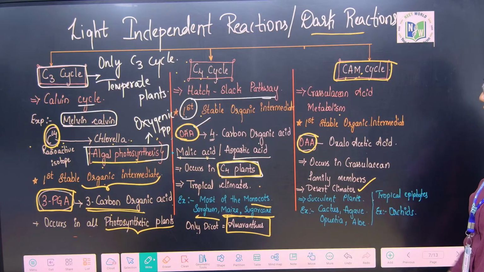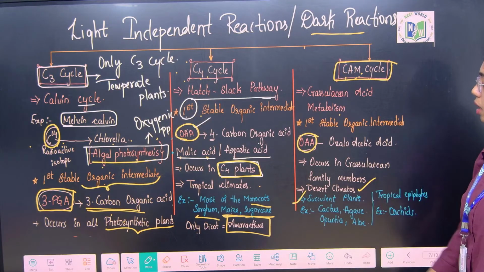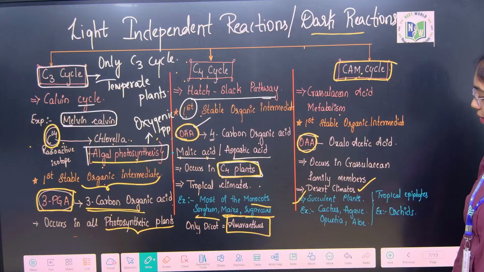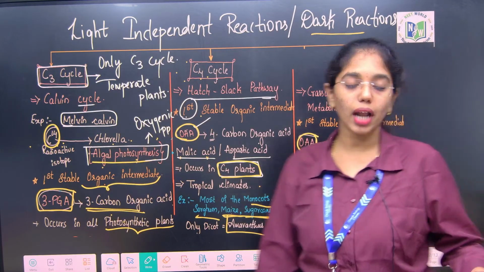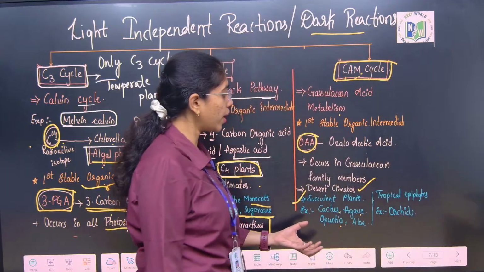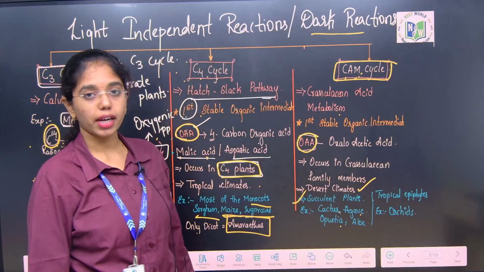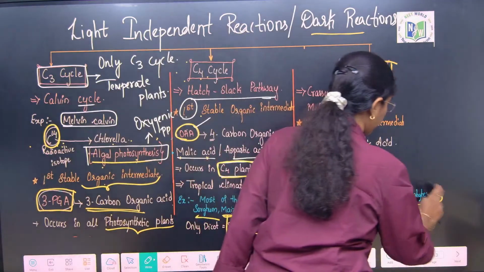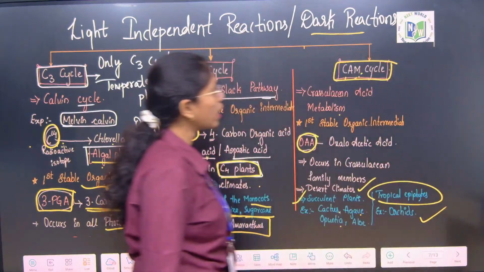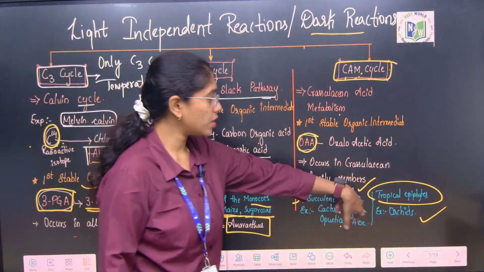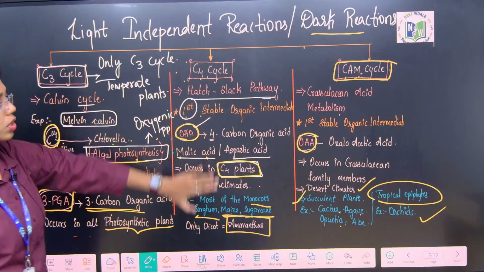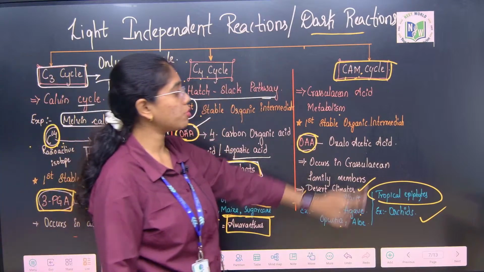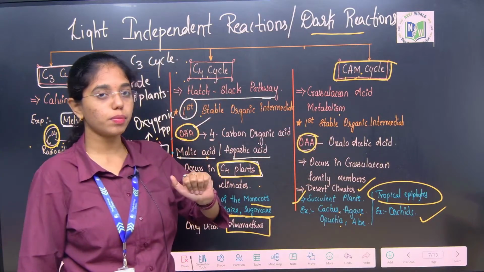Tropical climates. Here the plants are known as succulent plants, for example cactus, agave, opuntia and aloe vera. Also tropical epiphytes, for example orchids. These are the plants in which the CAM cycle operates, also known as crassulacean acid metabolism.